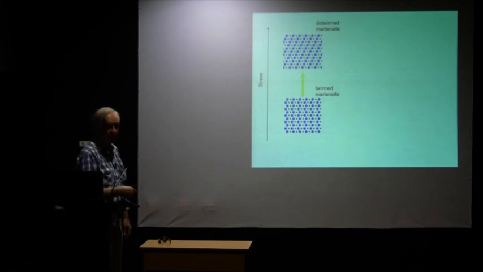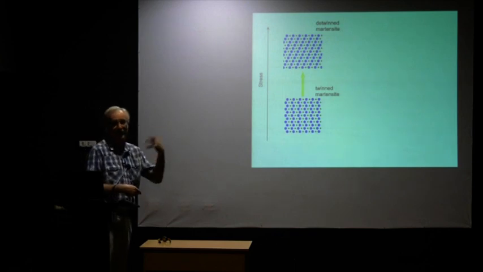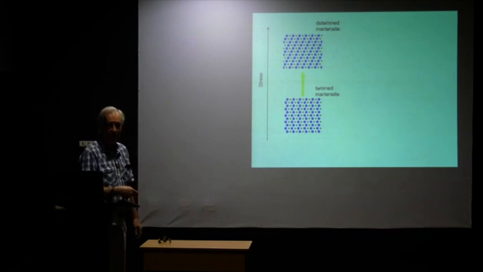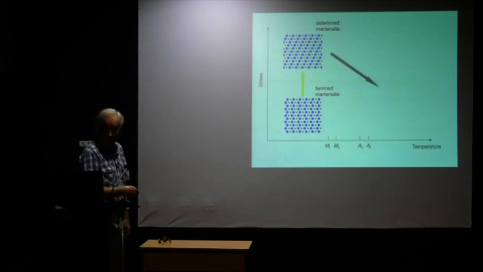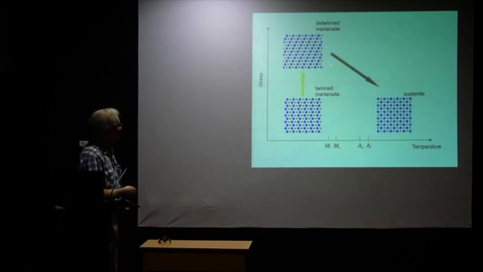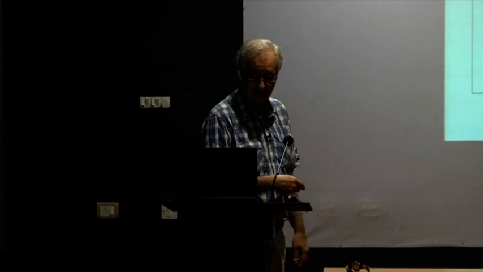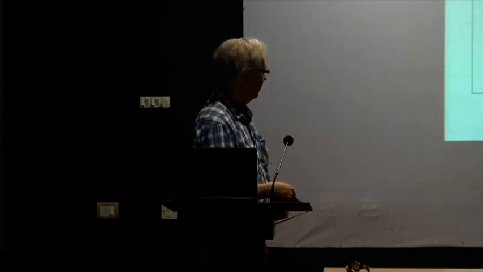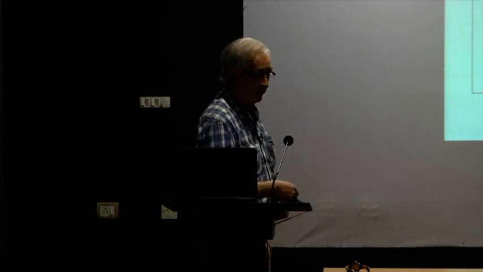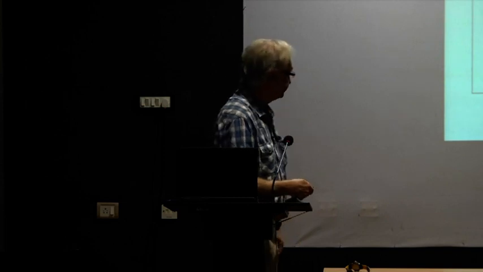Detwinning I use identically with twin boundary mobility or twin boundary motion. And then, by heating it back up again, we can go back to the austenite state. This was our shape memory thing, and we have the various characteristic temperatures down here.